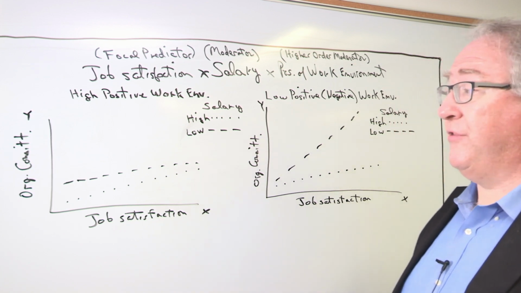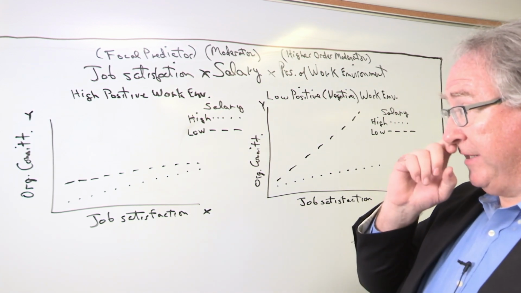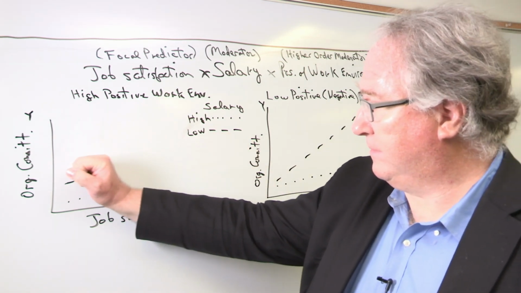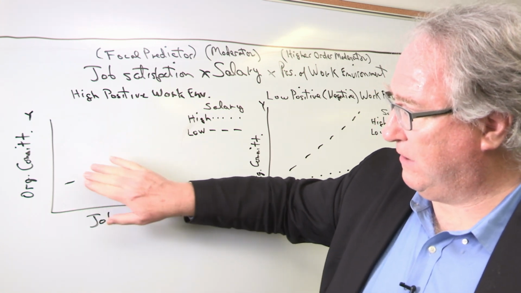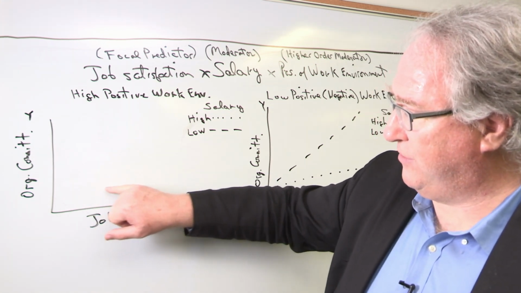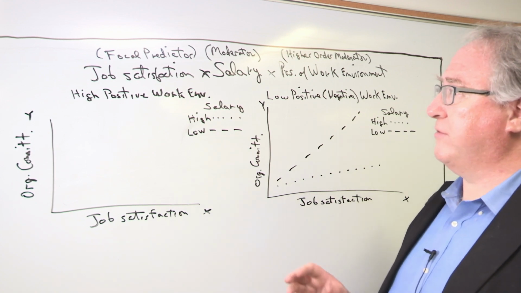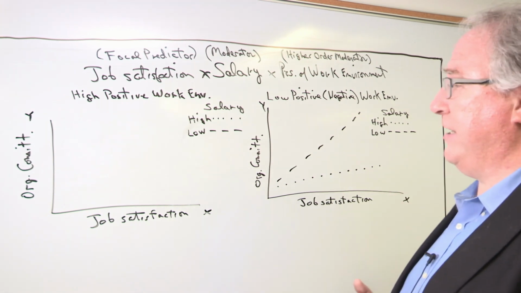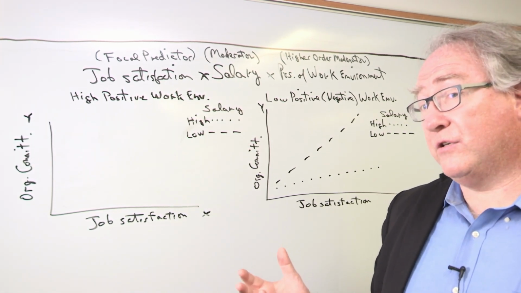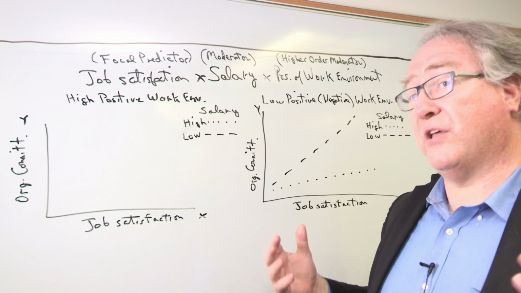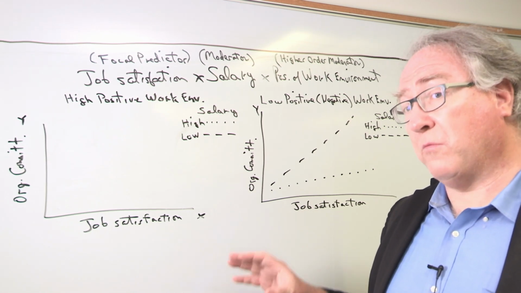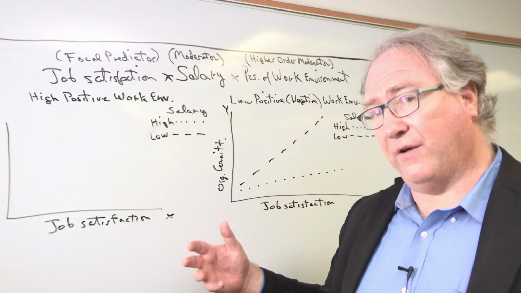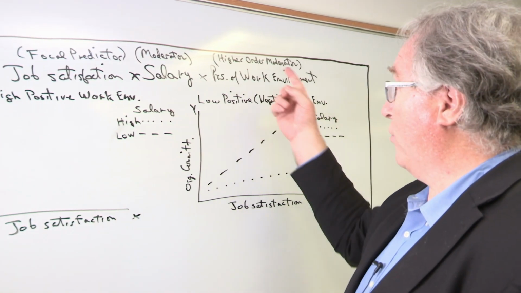Okay? Now this can look different ways, right? I mean, it doesn't have to look this particular way, so we can change this. But however we change it, the point is that how this two-way interaction part of the three-way interaction looks depends on the level of the higher order moderator. Okay? So it's different depending on the level of the higher order moderator.